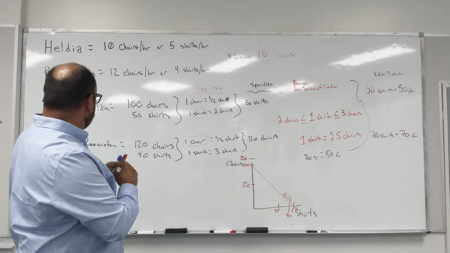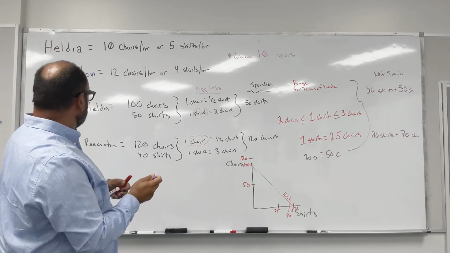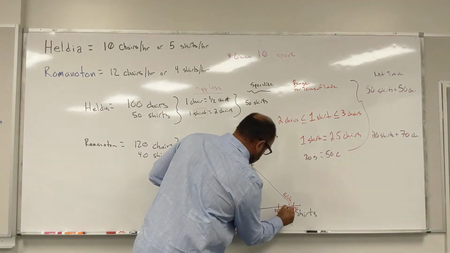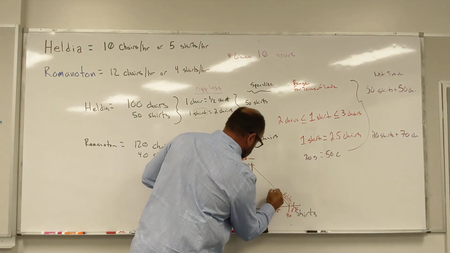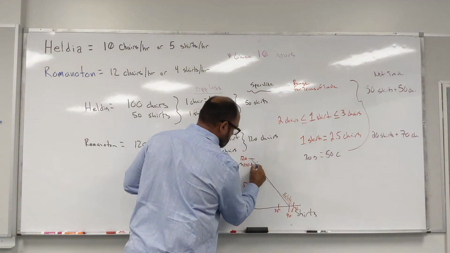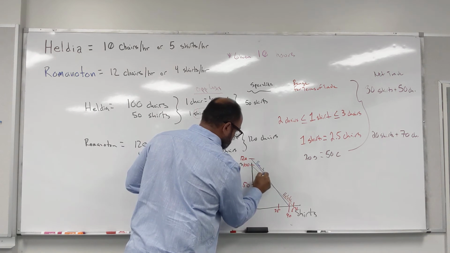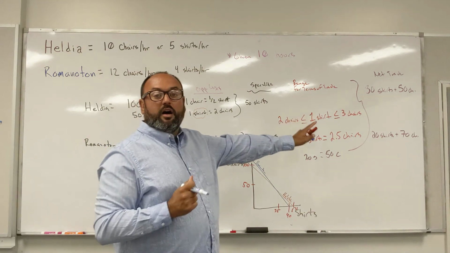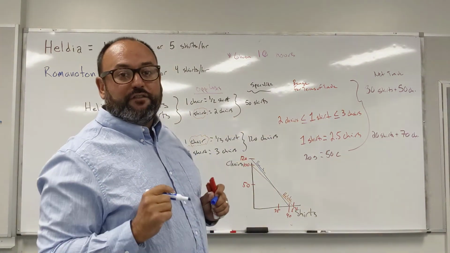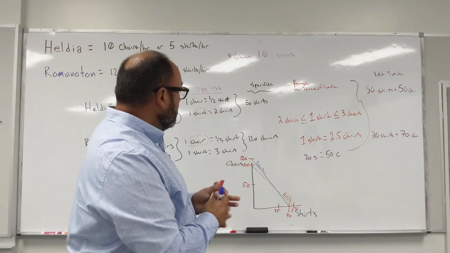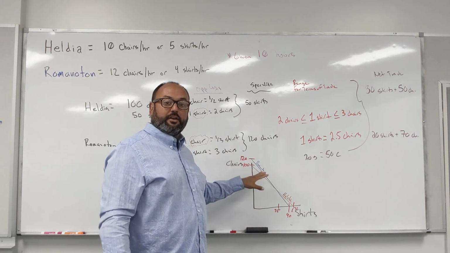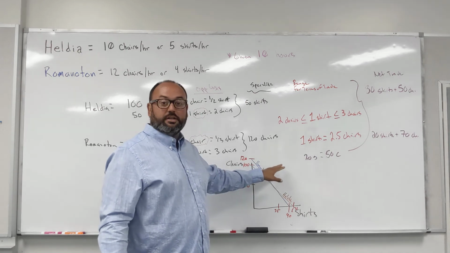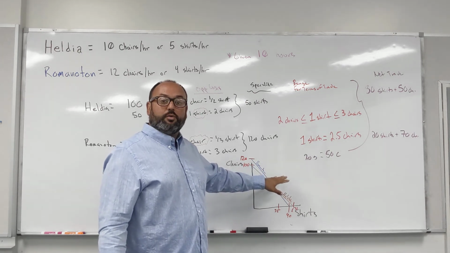And then we have Romanotin in blue, which is going to go from 120 chairs to 40 shirts. There we go. Now let's plot the coordinate points of our net trade to see a visual representation of how each country, after comparative advantage in trade, will be consuming beyond their production possibilities frontiers, which in an autarky would be unattainable.